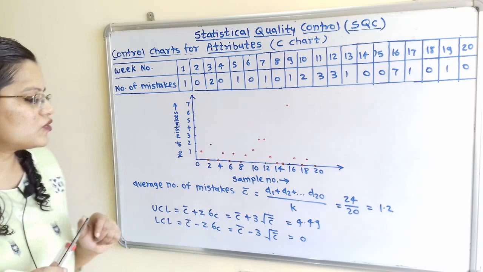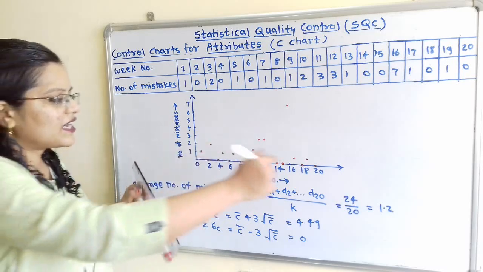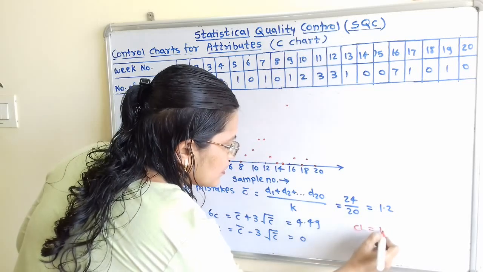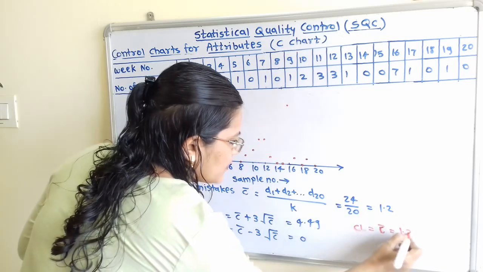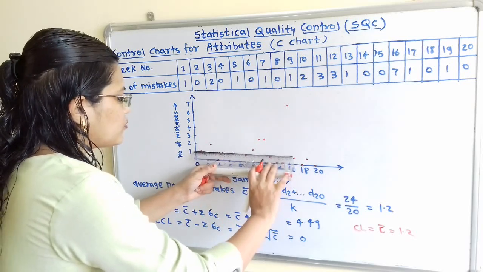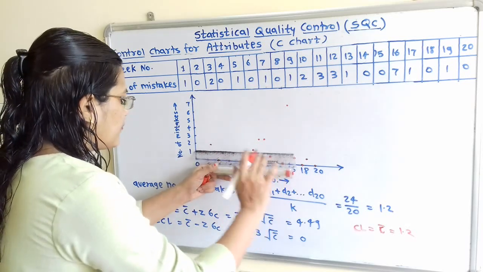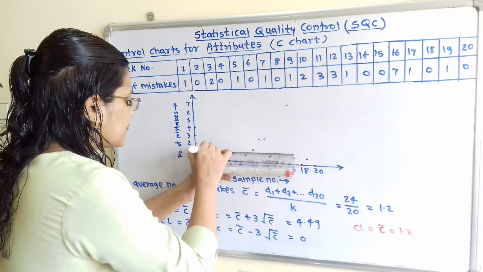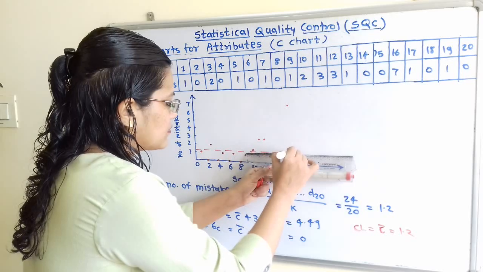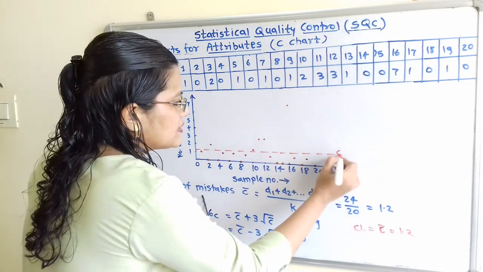Now we will draw this. The center line, which is equal to C bar, is equal to 1.2. So I will draw one line here. 1.2 is slightly greater than 1. So this is the CL.